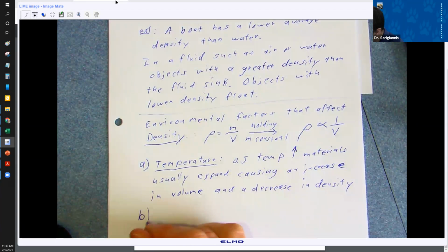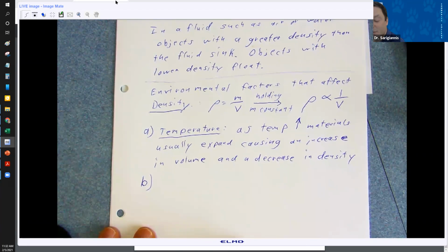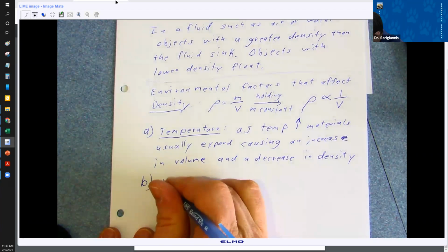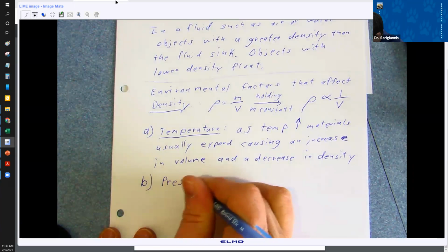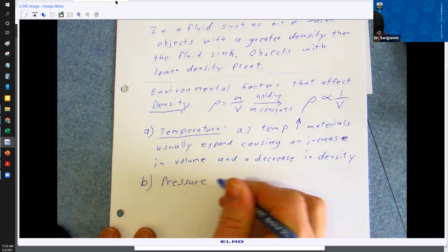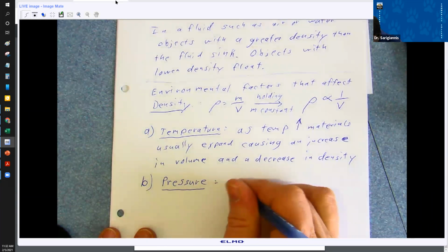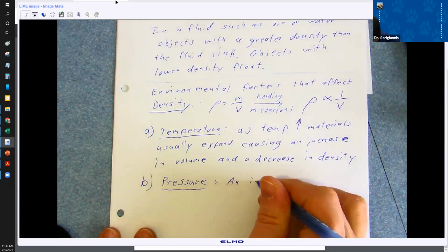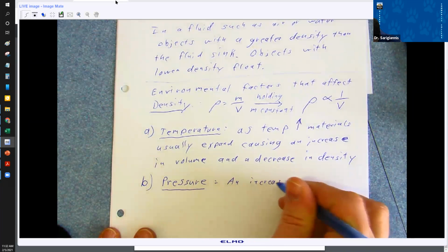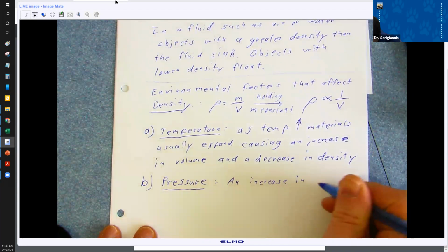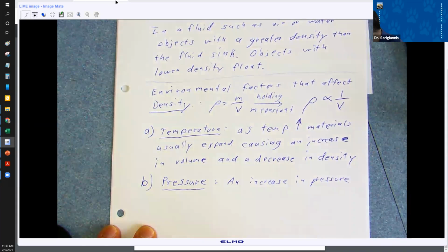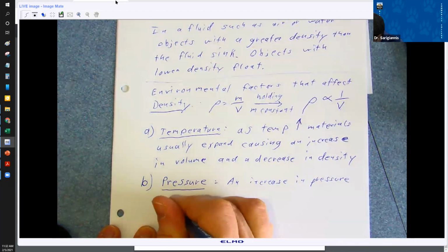All right, so B. And again, B is a little more intuitive because this is pressure now, and we just went through a bunch of examples where we're applying pressure to something like the foam ball. So typically, an increase in pressure decreases volume.